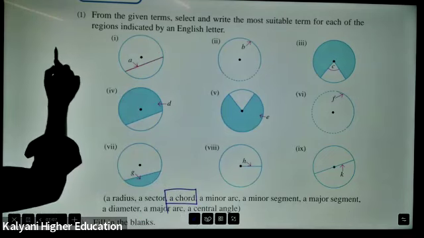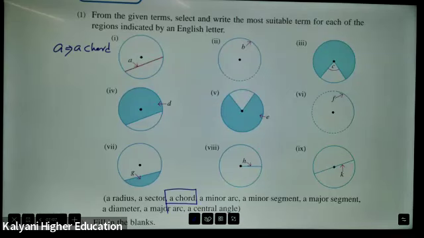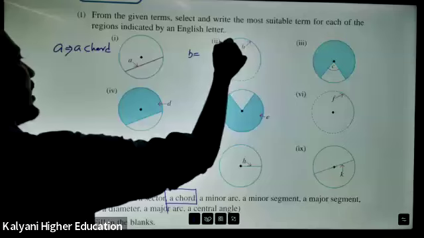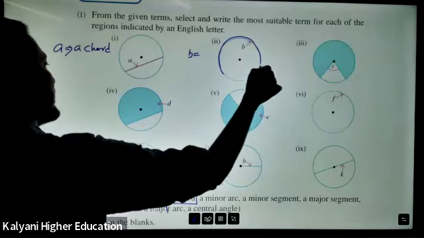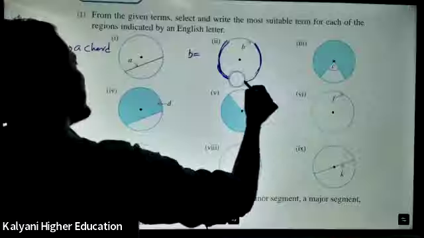So the letter A is a chord. What about B? This line, what do we call it? Not the whole circumference, because in this question they didn't mark everything.